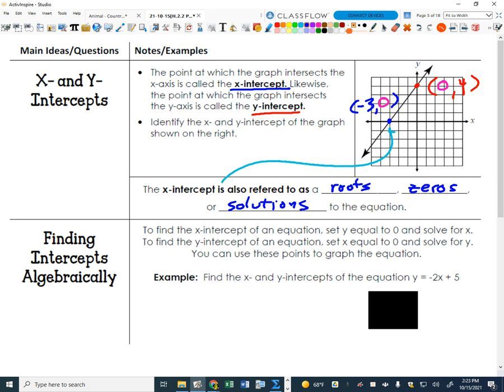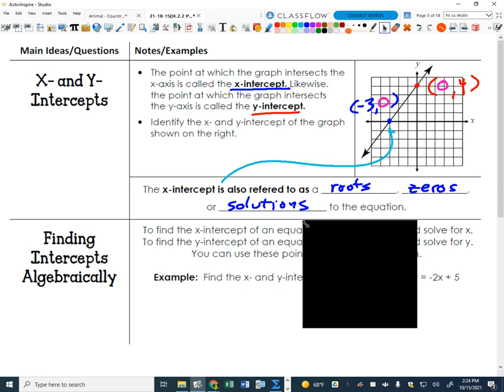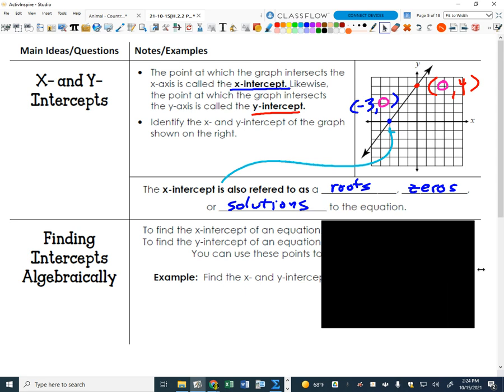Okay? So to find the x-intercept of an equation, then, what might my strategy be for doing that? What am I going to do? Can you come up with a strategy for finding the x-intercept of any equation? What do you think? Yes?